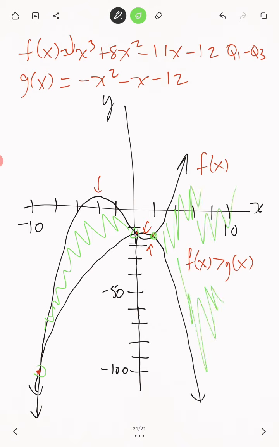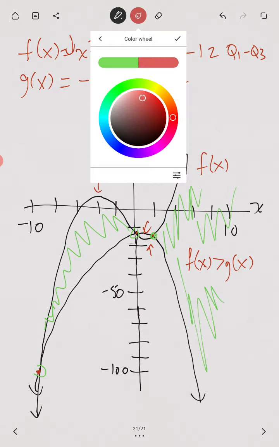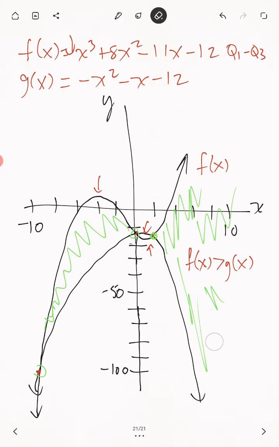Okay, so what is the solution? The solution is that f of x is greater than g of x, and I'm just going to go back to my red color here, when x is an element, let me just clear some space for myself to write this here, sorry.